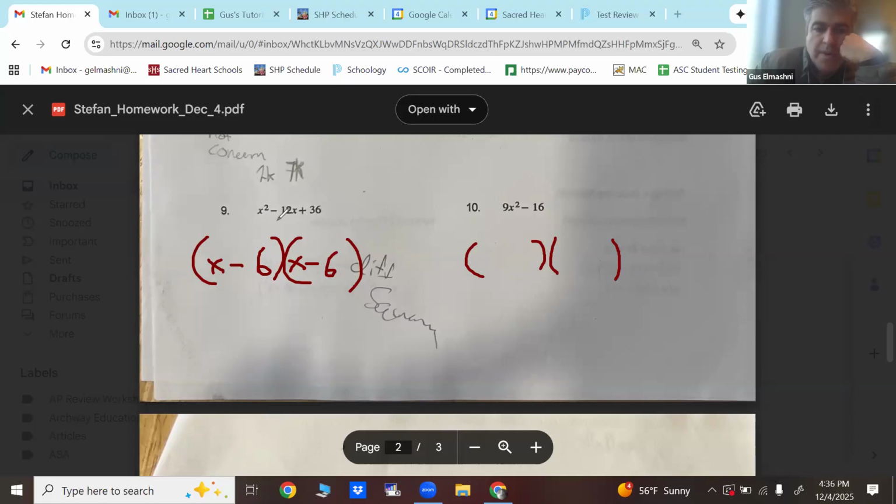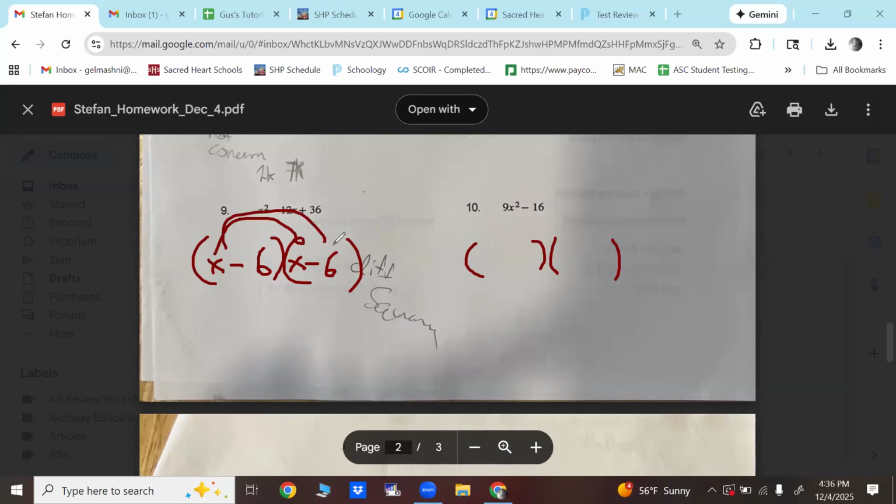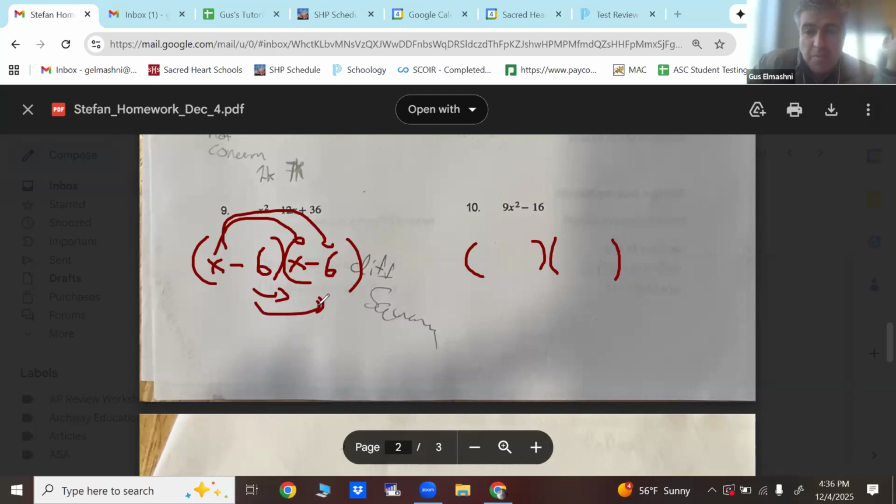And it works because you FOIL it. So you have that option, you just square root the first and last terms, and if it's a minus, put a minus in the middle. And it all works itself out just fine because you get x squared, negative 6x, negative 6x, plus 36.